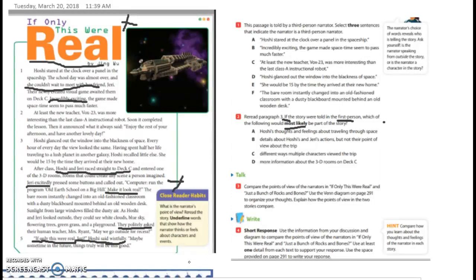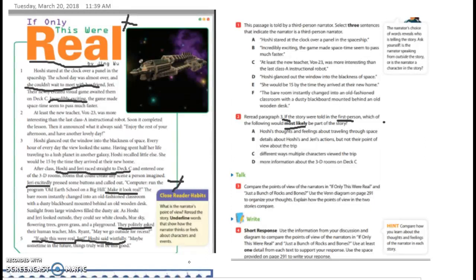Next is number 2. It says, reread paragraph 3. If the story was told in first-person point of view, what would likely be part of the story? A, Hoshi's thoughts and feelings about traveling through space? B, details about Hoshi and Jerry's actions but not their point of view about the trip?